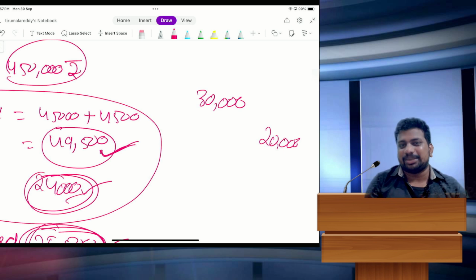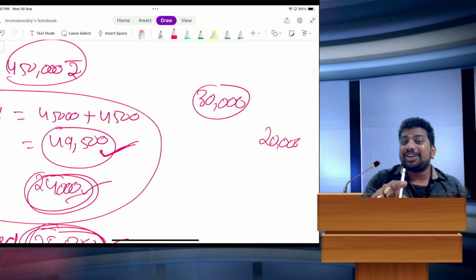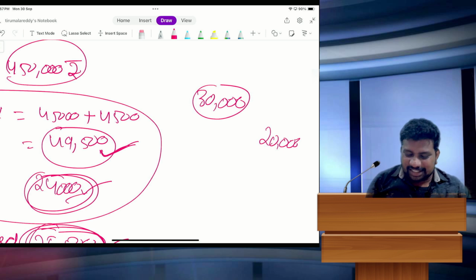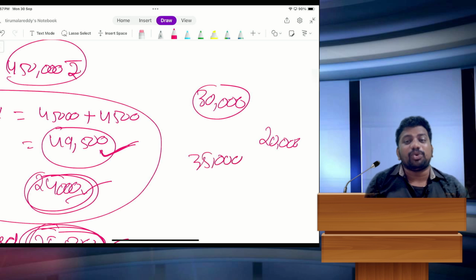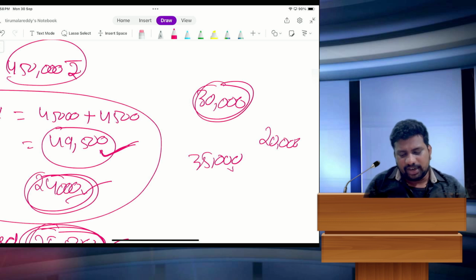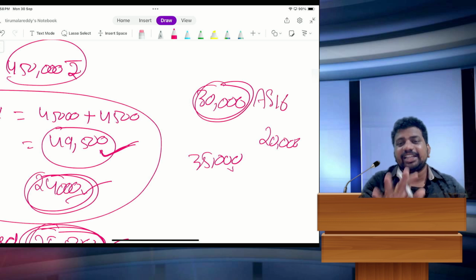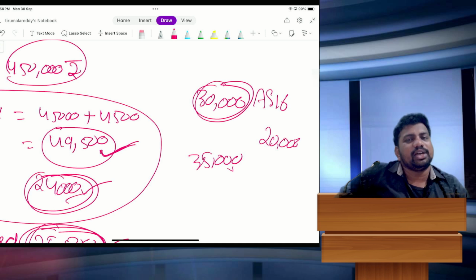Now suppose out of this 30,000, the actual amount of savings that you are getting due to the foreign currency loan is more than 30,000, say 35,000. In that case, what do we do? If it is more than this, the total amount of 30,000 will be called AS 16, and there won't be any part that belongs to AS 11.